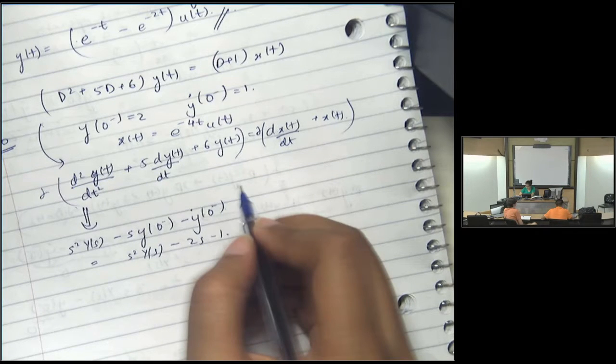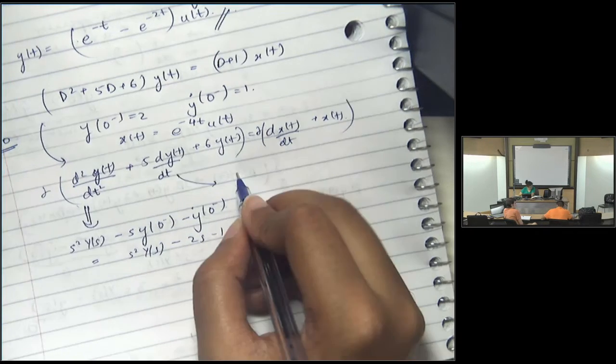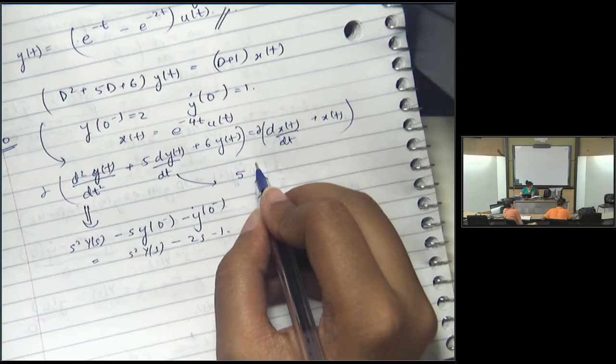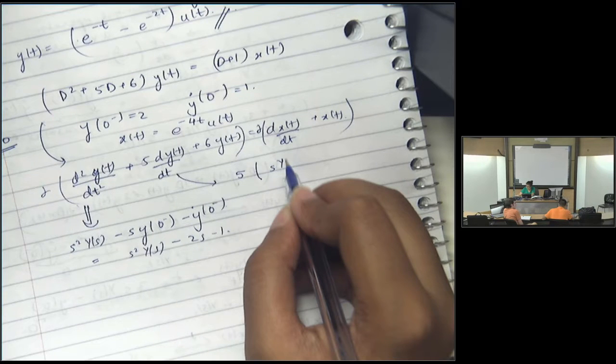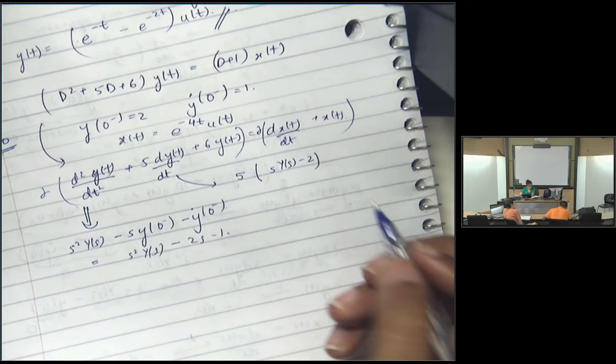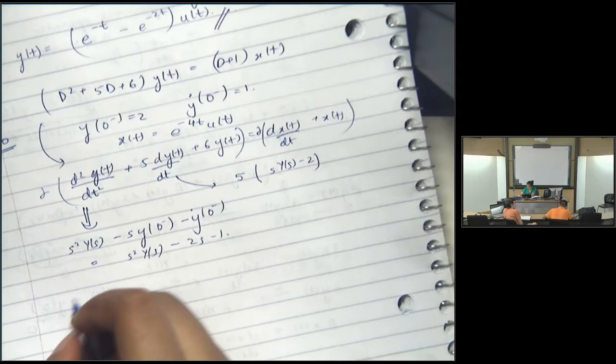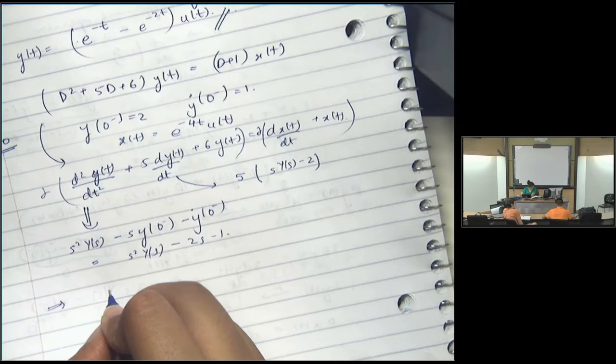Similarly, this term will be 5 into (s Y(s) minus 2). This term will be 6Y(s) and so on, and I'll just write it down for you.